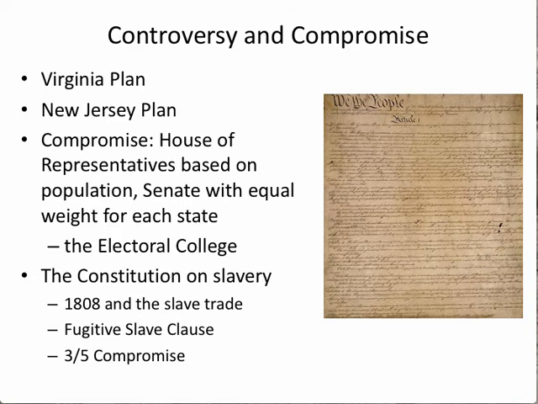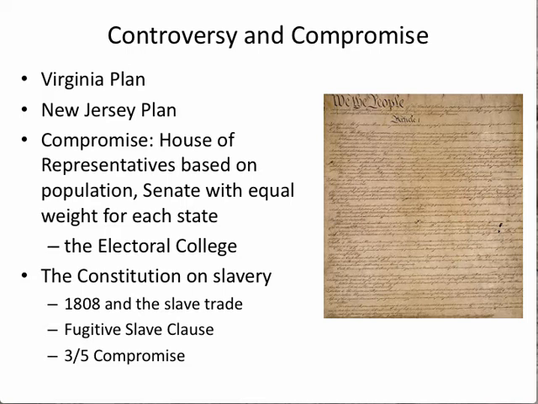The third provision is the most infamous of the 3 provisions. It's known as the 3/5 Compromise, and this had to do with representation in the House of Representatives. Now, the southern states wanted all the slaves to be counted as population for their state, because obviously that would give them more representatives in the House.